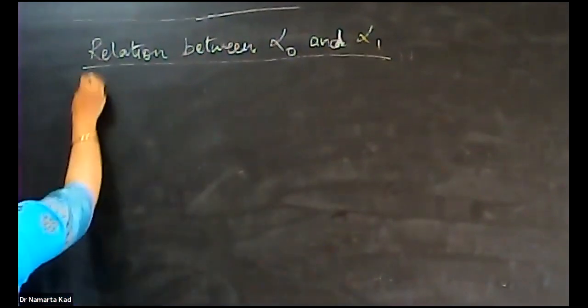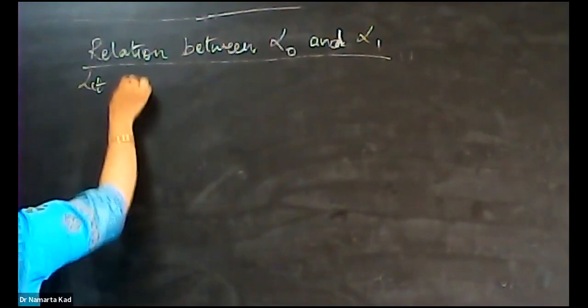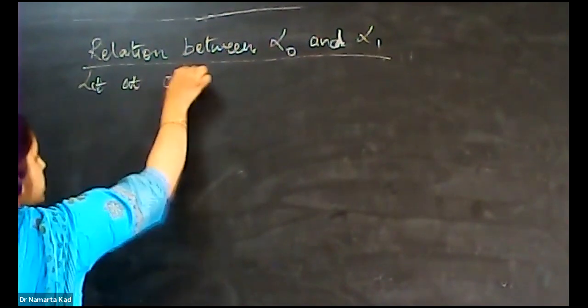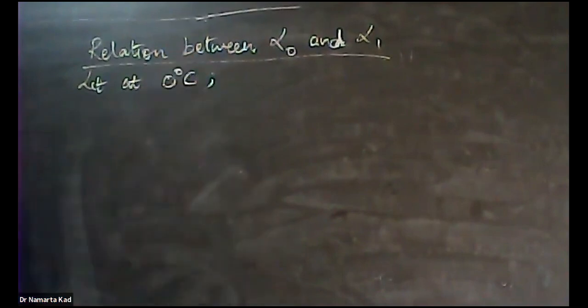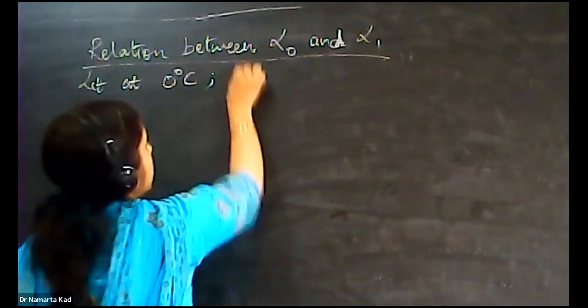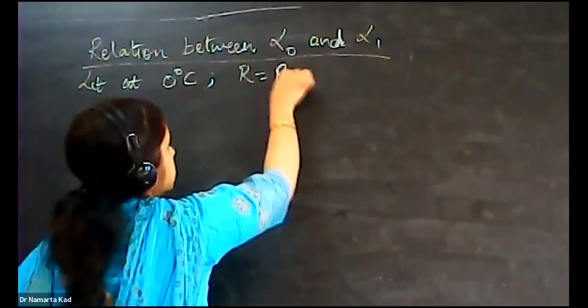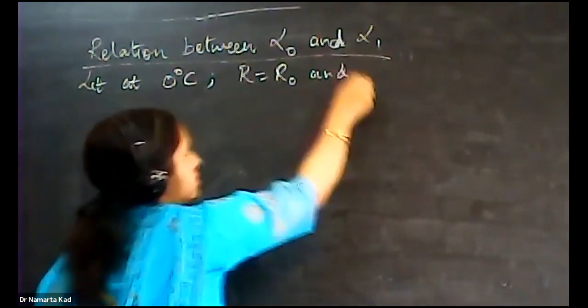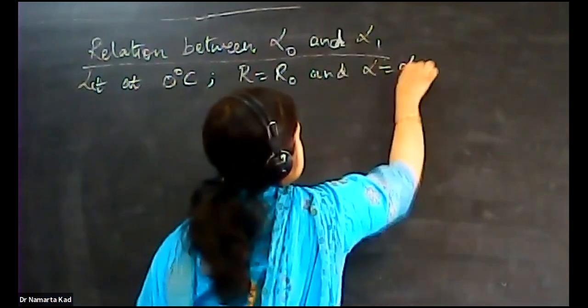Okay, so starting, let at 0 degree C, R is equal to R naught and alpha is equal to alpha naught.